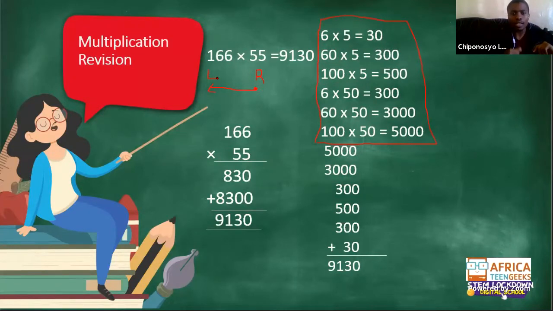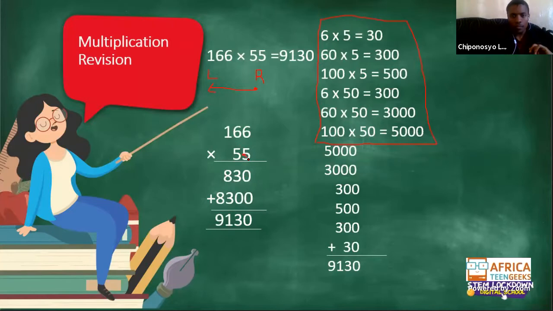The second thing you must look at is that when you're multiplying, are you multiplying with a unit, a 10, or 100? Let's start. This is 5, so it's a unit, meaning that when I'm writing down my answers, I'm not going to put 0 as a placeholder.